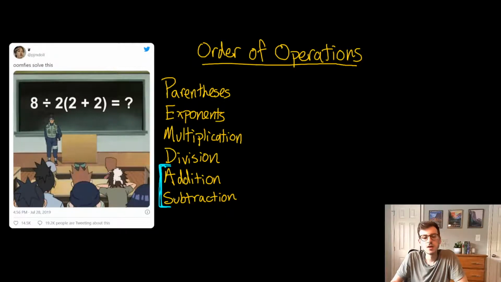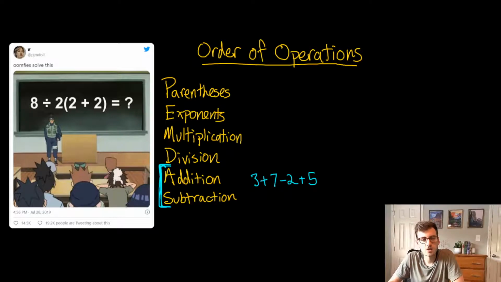So if I have something like 3 plus 7 minus 2 plus 5, the way that we usually solve our mathematical equations is from left to right, as long as there's not some other priority, which is why we need to have the order of operations.